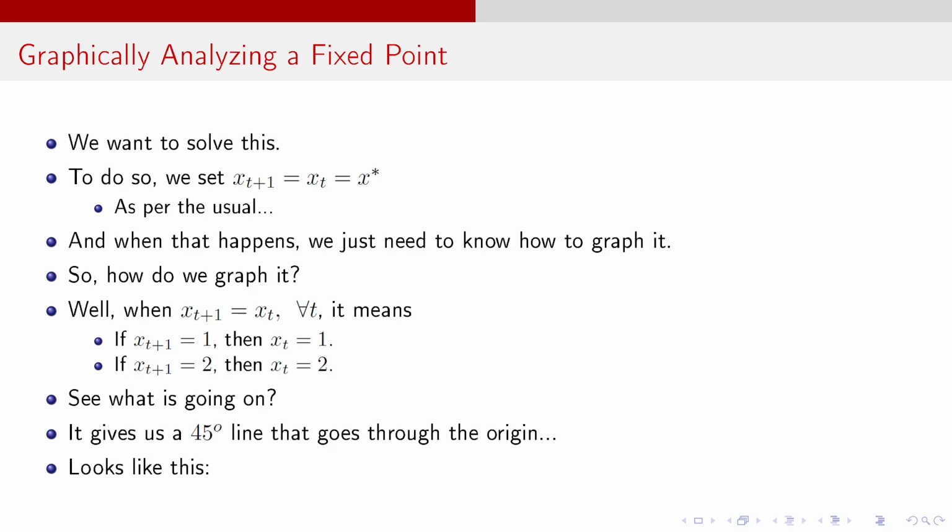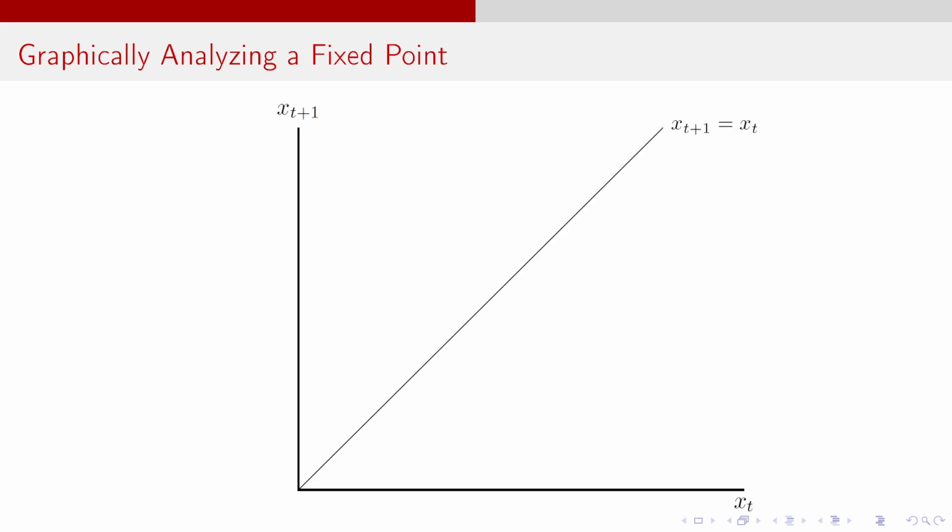If xt plus 1 is equal to 2, xt is also equal to 2. Do you see what's going on? It's giving us a 45-degree line that goes through the origin, which looks like this. So anywhere that xt plus 1 is equal to xt, 1 equals 1, 2 equals 2, 3 equals 3, 4 equals 4, so on and so forth. You're just getting this diagonal line.